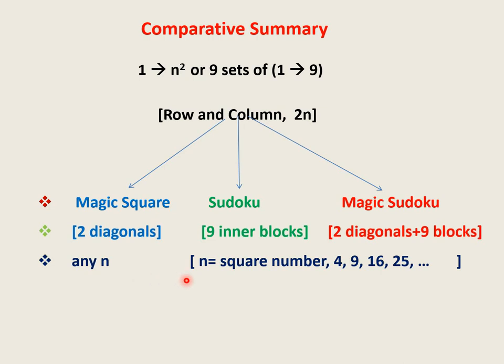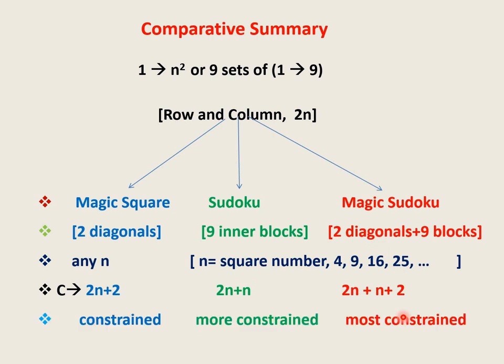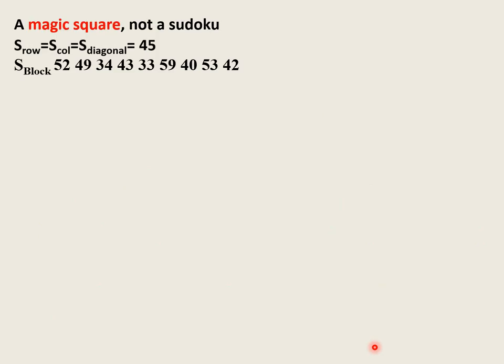But for Sudoku and Magic Sudoku, n has to be a square number, 4, 9, 16, etc. And the total number of constraints, if you call it so, is 2n, the common part, 2n plus 2 diagonals, 2n plus n blocks, and 2n plus n plus 2, n blocks and 2 diagonals. So Magic Square is highly constrained, Sudoku is more constrained, and Magic Sudoku is the most constrained problem.